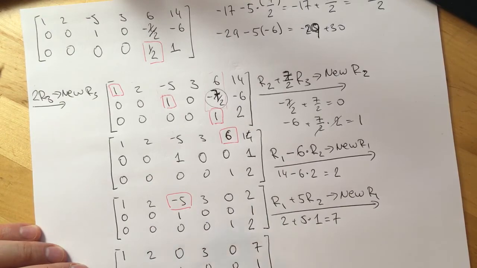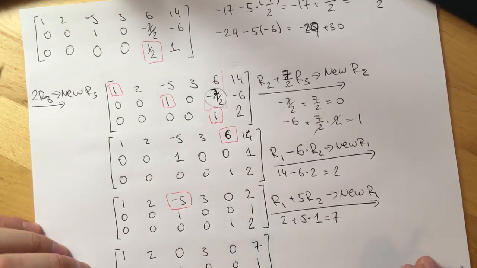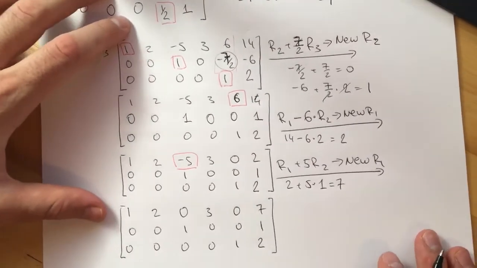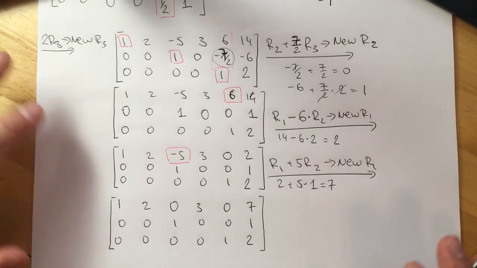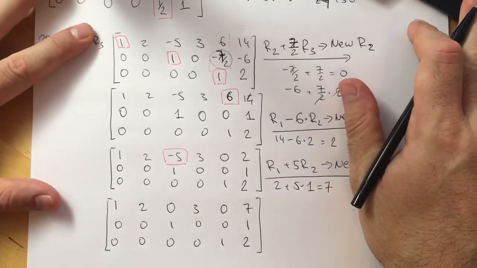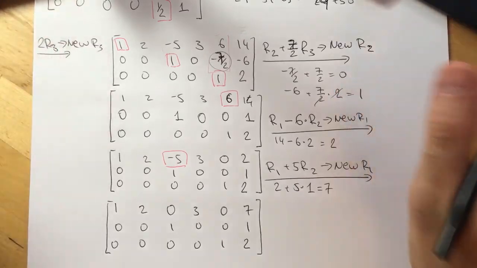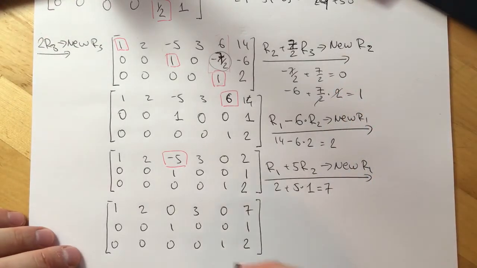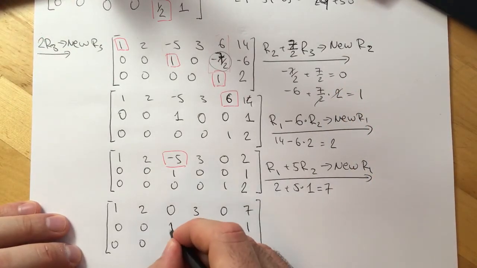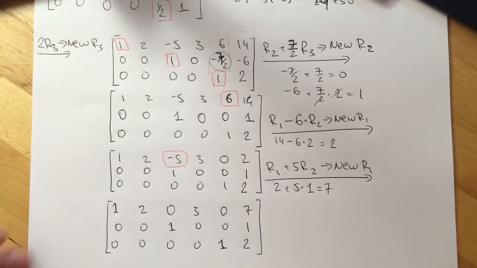And now you can go and check the conditions by which we determine whether a particular matrix is in a reduced form, and you will see that it satisfies all the criteria for this matrix to be called a reduced row echelon form. Okay.